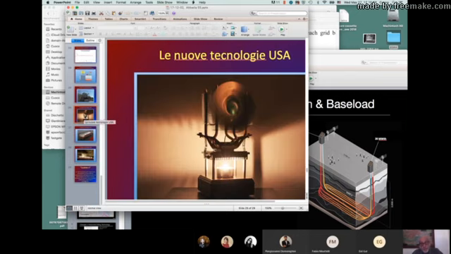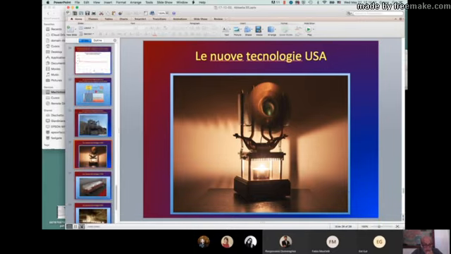This is the power plant in Japan that is trying to use this technology. This is the thermoelectric effect, and you can see this ventilator that is spinning by the electricity produced. Let me enhance it a little bit.